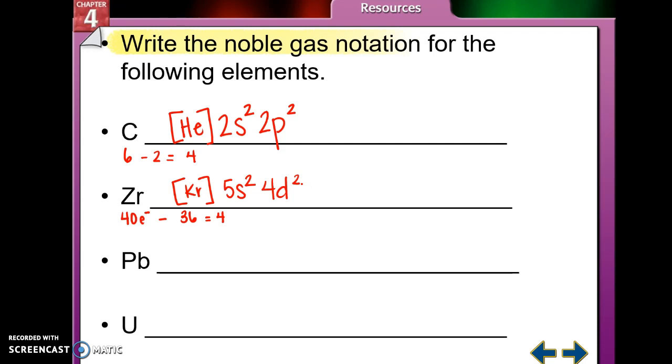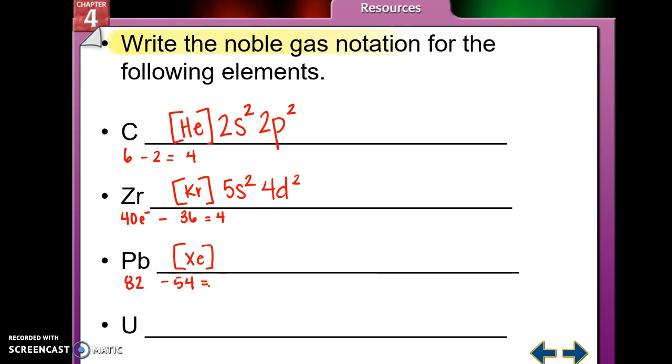Now let's look at lead. Lead has 82 electrons, and it is on the 6th period. I am not going to choose radon, because radon has 86, even though it ends the 6th period. I'm going to choose xenon. I put xenon in brackets, and that takes care of 54.